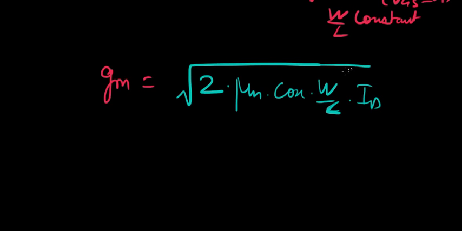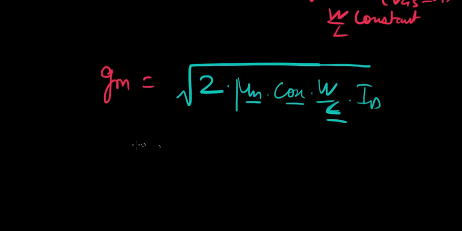It is very simple to derive. You just have to work on the previous equations I've given you in this discussion. But if you were to analyze this equation, what do you see? Mu n is constant, C ox is constant, W over L is constant again.